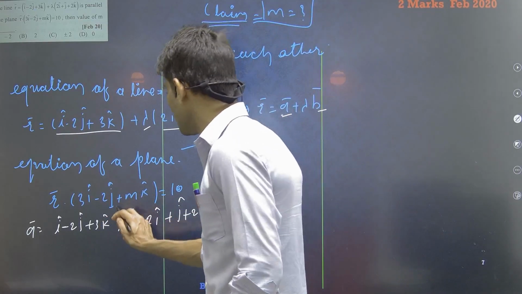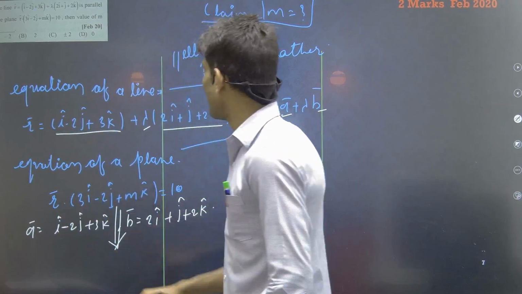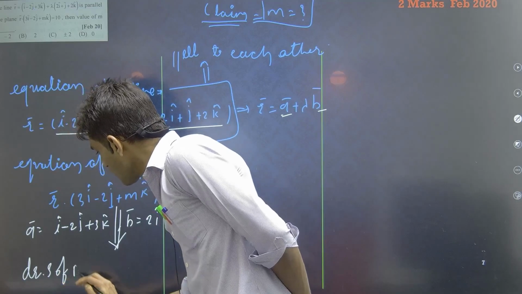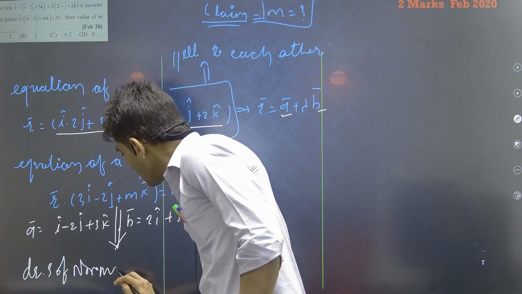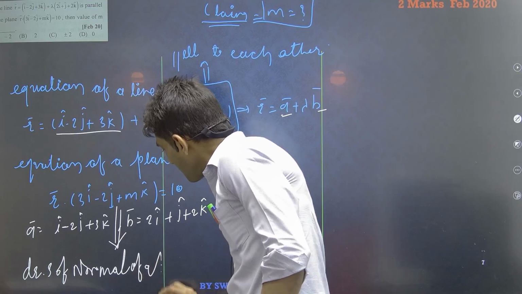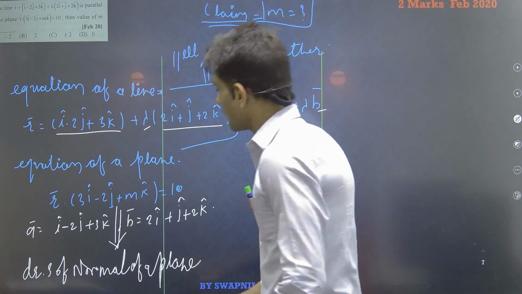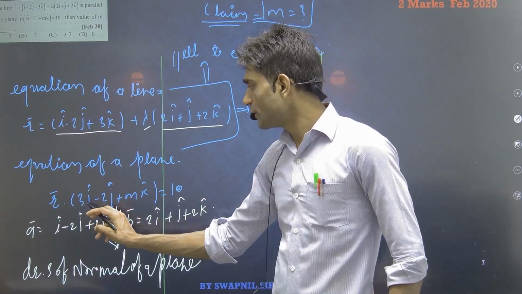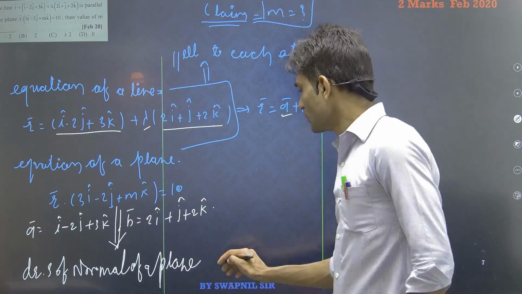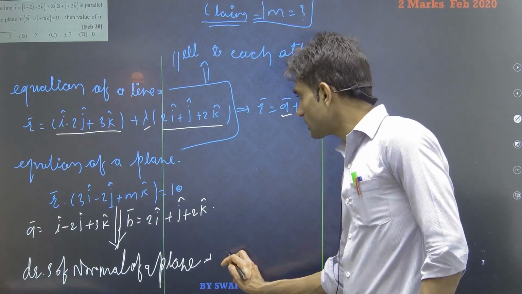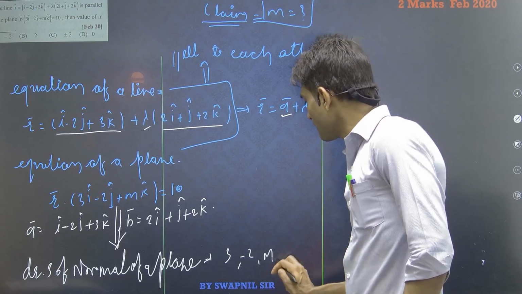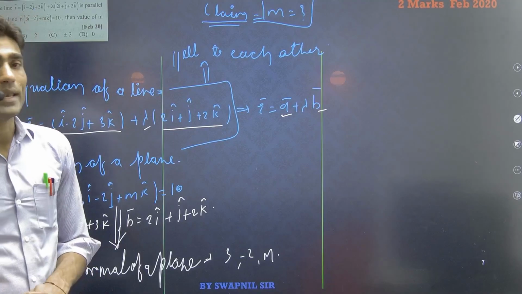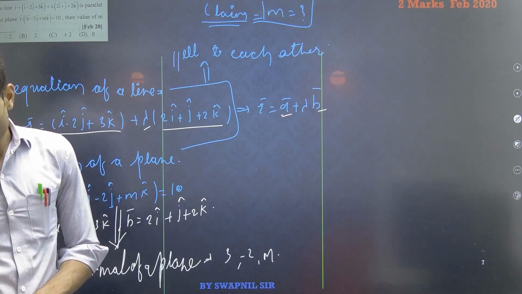Direction ratios give us the coefficients of i cap, j cap and k cap, so they can be written as 3, minus 2 and m. These three are the direction ratios of the given normal of the plane.